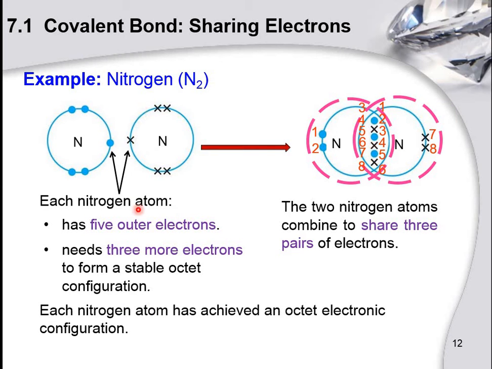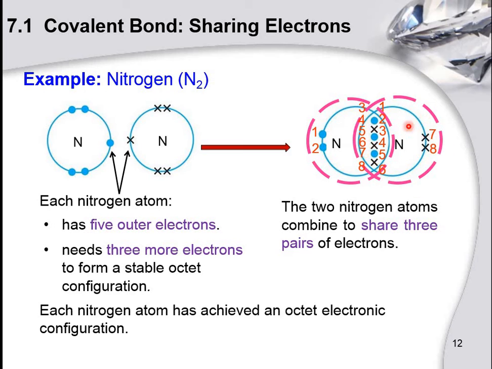For nitrogen it is the same, but here the nitrogen atom has 5 outer electrons, only 5. In order to be stable there must be 8, or either 2. So it needs 3 more electrons to form a stable octet configuration. Since this is between non-metal and non-metal, they have to share.